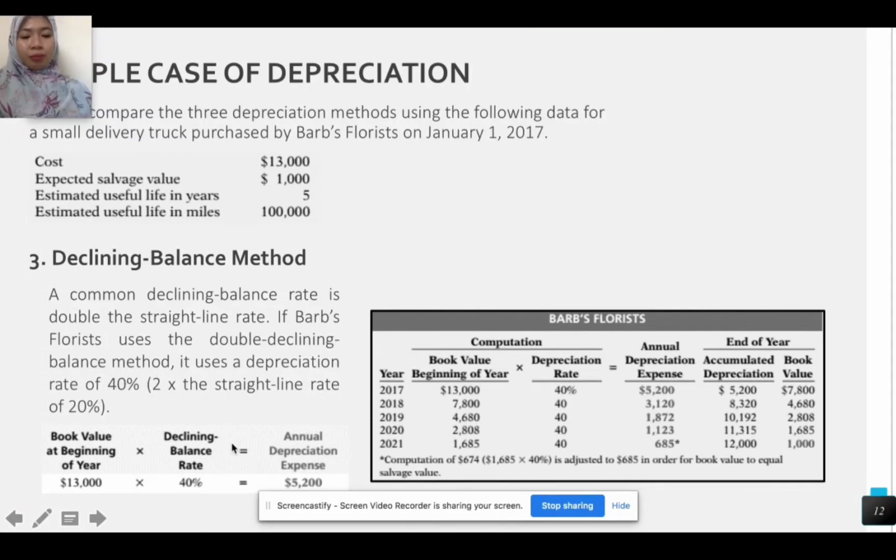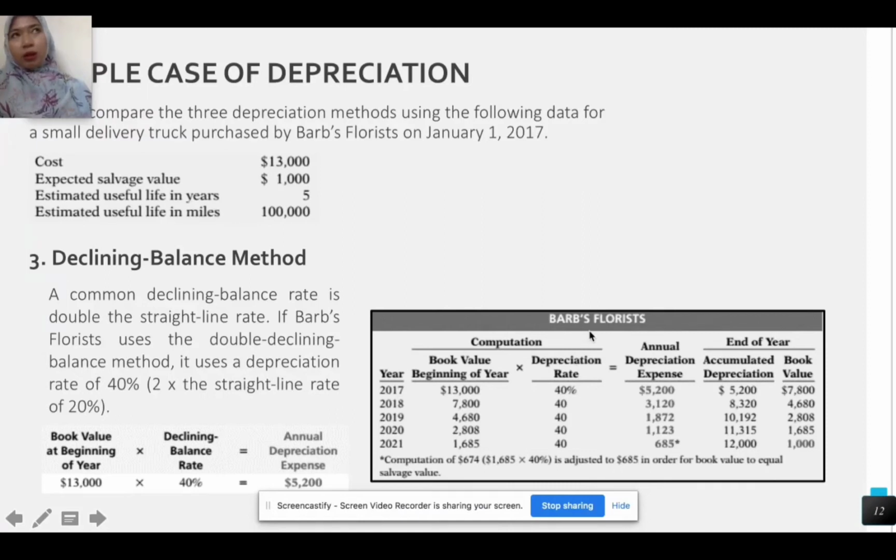So we can calculate annual depreciation expense for the first year: book value at the beginning of year multiplied by declining balance rate. So $13,000 multiplied by 40%. So annual depreciation expense for the first year is $5,200.